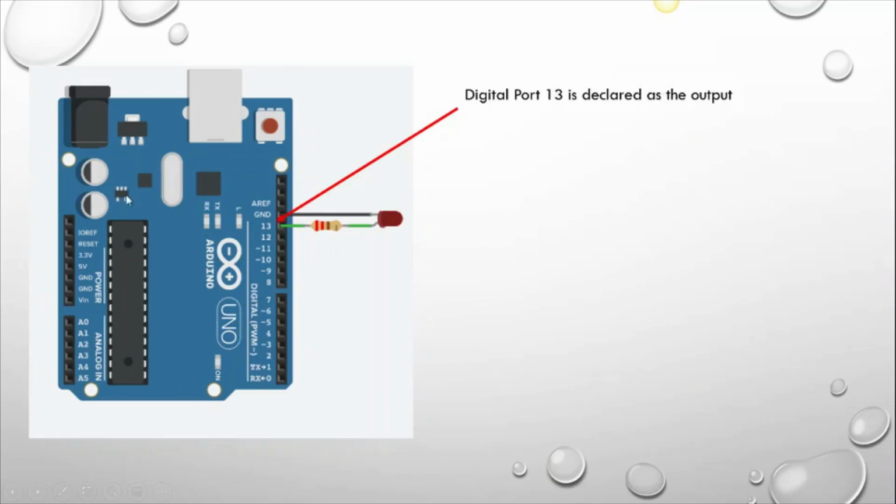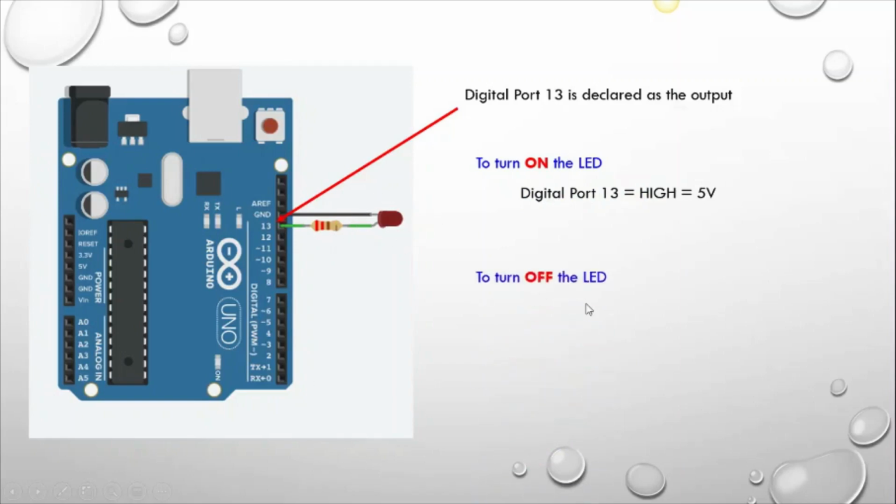Let's say you have an Arduino here, and this Arduino is connected to the LED. The connected pin is 13, so the digital port 13 is declared as the digital output. If you want to turn on the LED, the digital port 13 must be set to high. When it is set to high, the output voltage here is 5 volt, and therefore the LED will be on.